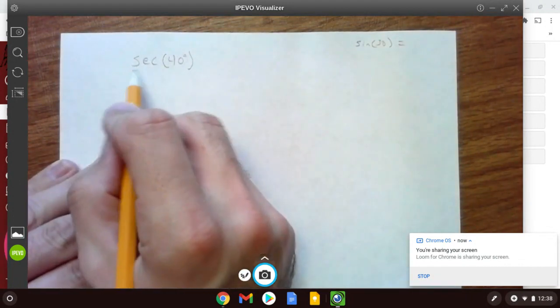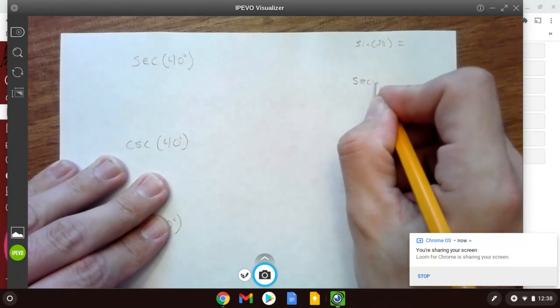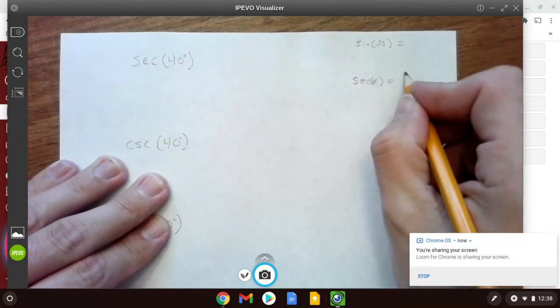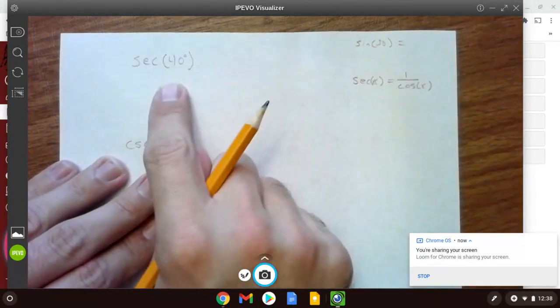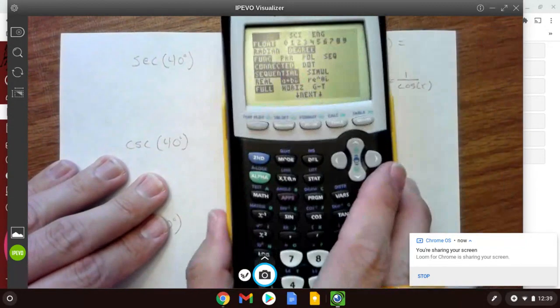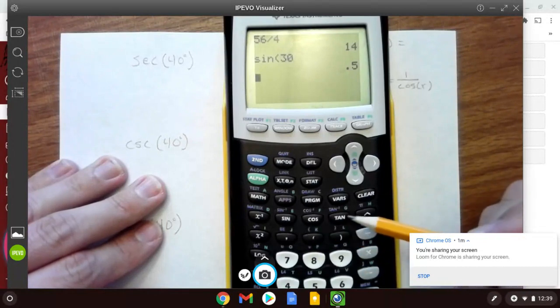So we know that secant of x is just equal to 1 over cosine of x. All right, and that's what we're going to have to do to evaluate this expression. So, notice, there's no secant, cosecant, cotangent buttons here.